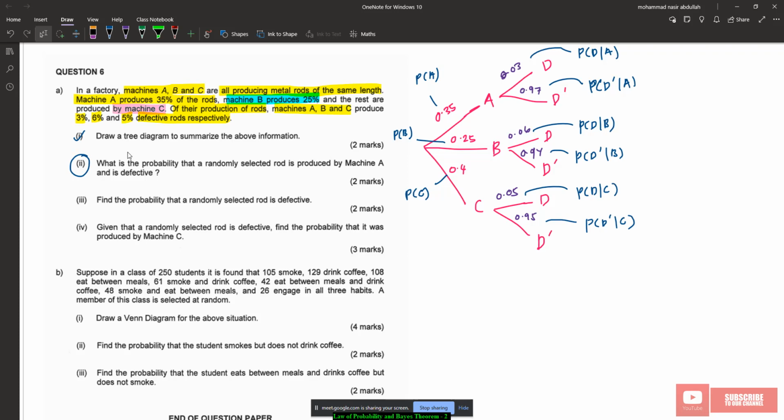What is the probability that a randomly selected rod produced by machine A is defective? So the probability that the rod is produced by machine A and is defective, meaning A intersect D.